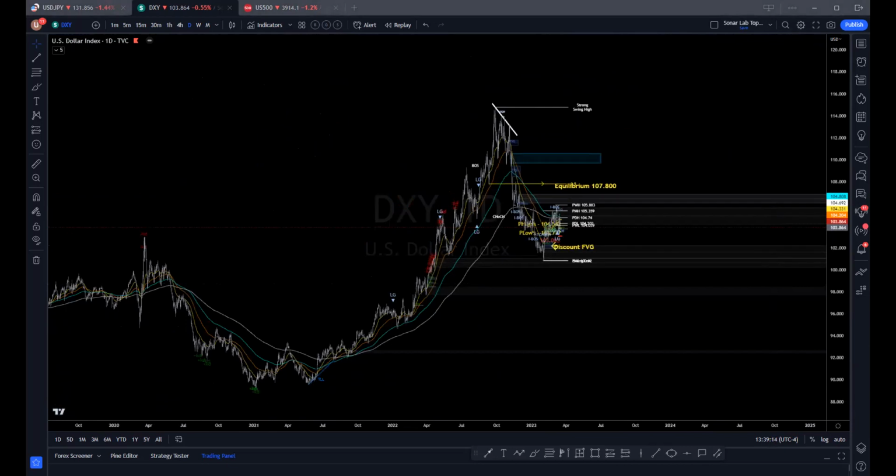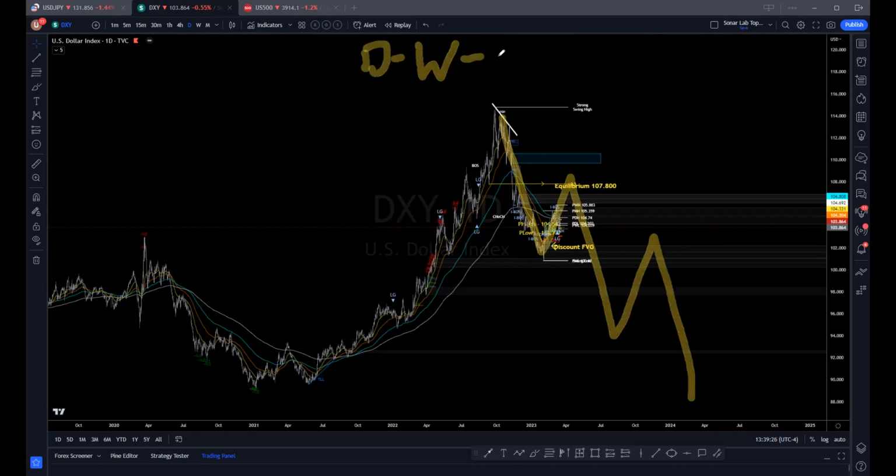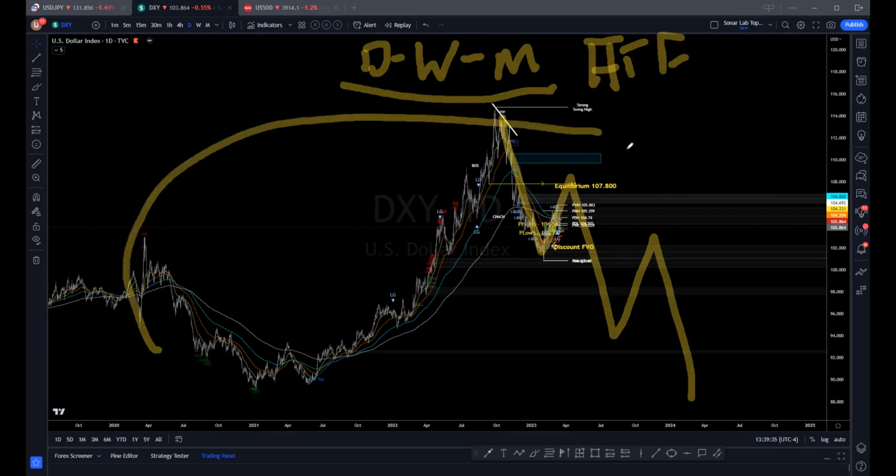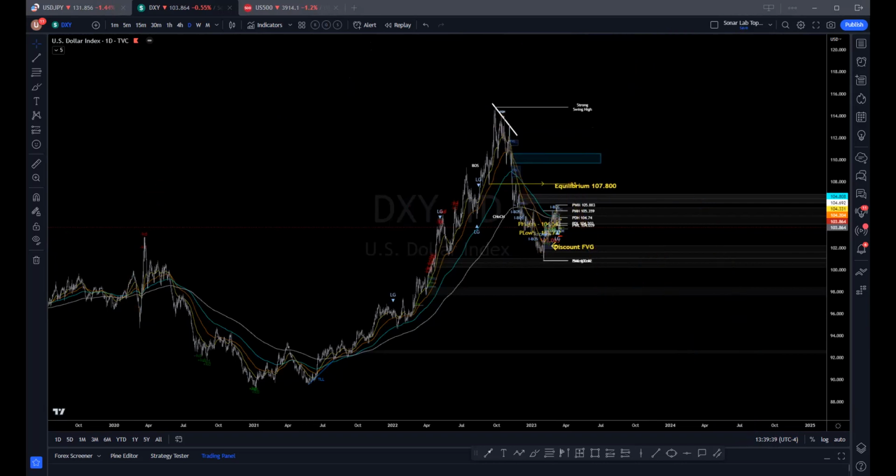In some variation, this is what we're looking for. Simple as that. This is on the daily, weekly, monthly higher time frame, the typical movement of the chart that I'm looking for, because of the way the technicals look.